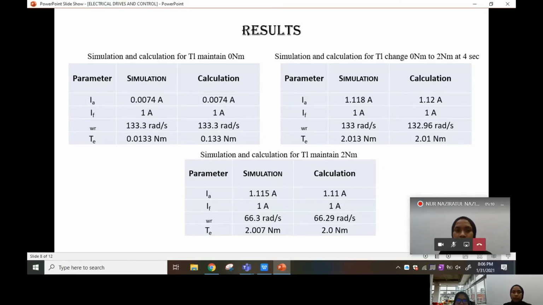Next, for the result part, this table presents the simulation result and calculation for each dynamic performance. We can see that the results for calculation and simulation are slightly the same for each parameter, and we can conclude that if the value of armature voltage is decreased, the value of speed also decreases, as we can see in table 3.